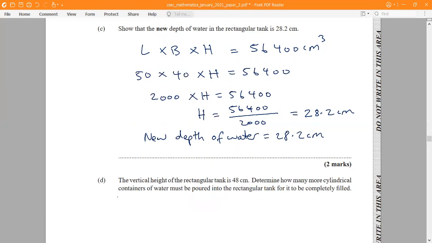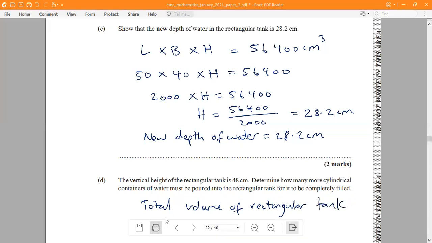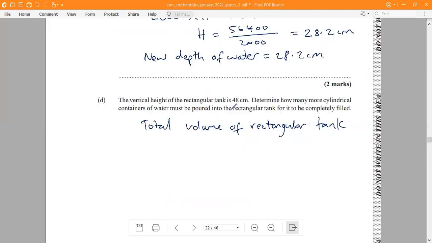The total volume of the rectangular tank is equal to length by breadth by height.